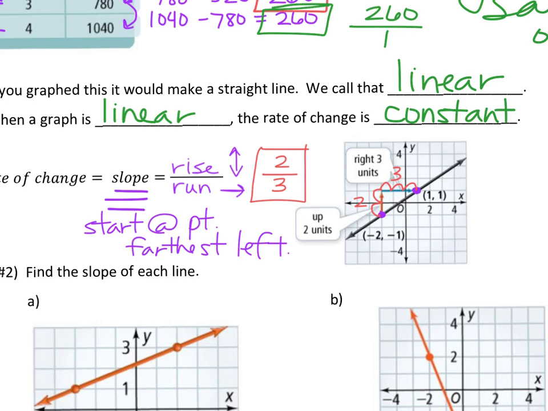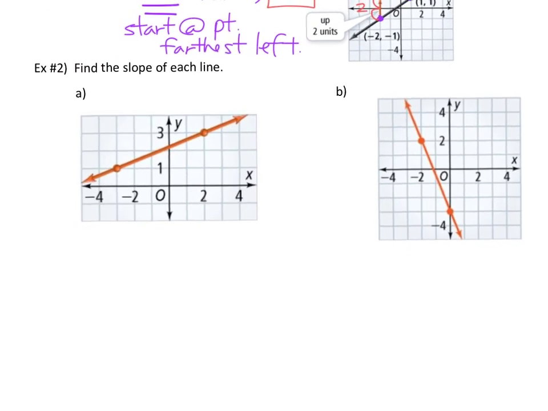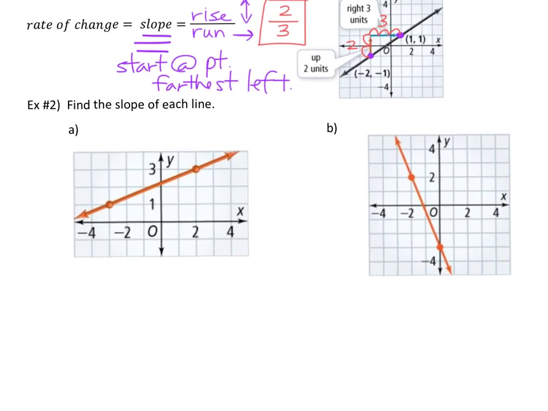Okay? So I'm going to show you with these next 2 examples. We're going to say find the slope of each line. Now, the nice thing is they gave you your 2 points. Which one do you start at? Do you start at negative 2, 1 or 2, 3? Negative 3, 1. We're going to start here, the one that's further left.